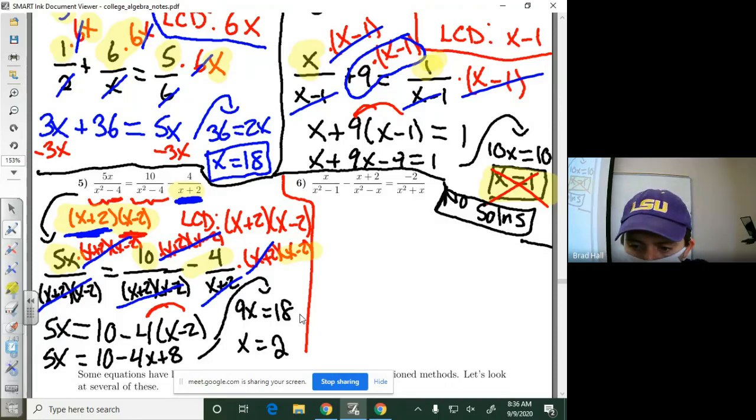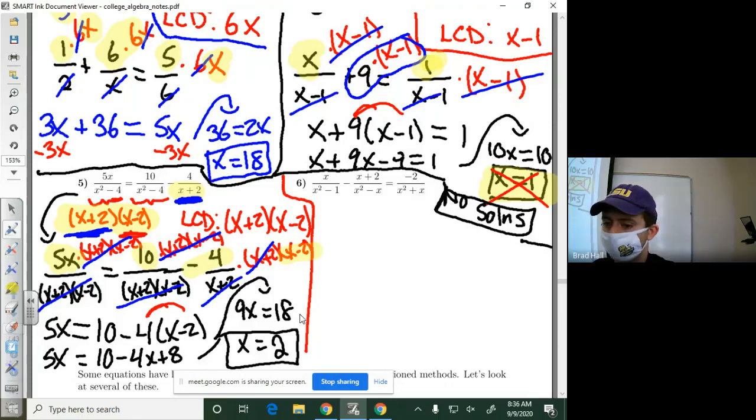So then, as I mentioned in the previous problem, we have the question of, do we accept this answer? If we apply this answer, will we end up dividing by 0? The answer is yes.